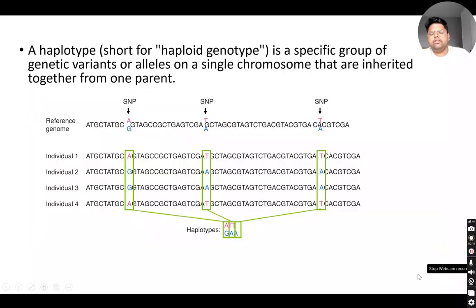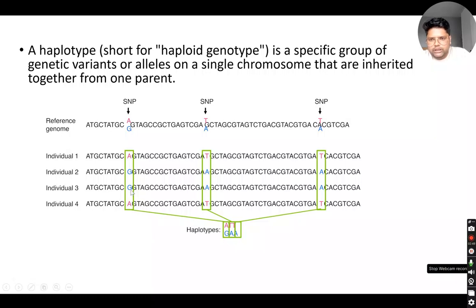And how are haplotypes different from LD blocks? Haplotypes are inside LD blocks. These are a specific group of genetic variants or alleles on a single chromosome that are inherited together from one parent. So an LD block is a chunk of DNA which is going to be inherited together. But in haplotypes, it is the genetic variants, the SNPs. For example, there is a SNP here, A, T, T. Whenever there is an A here, there is a T, T here.